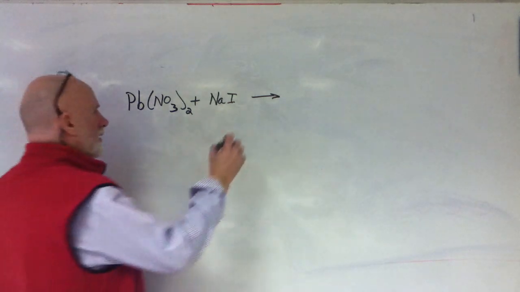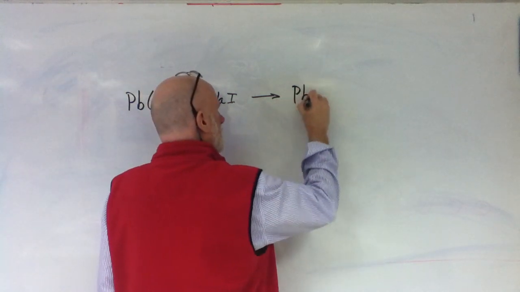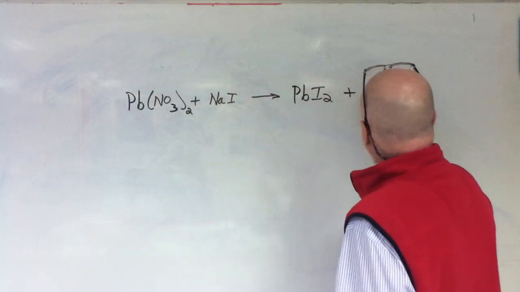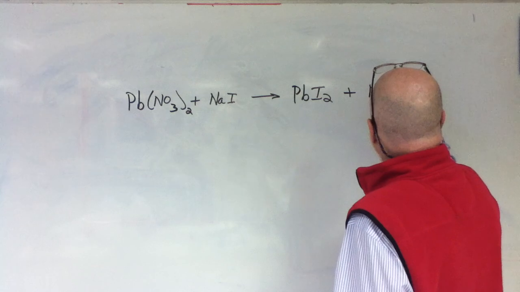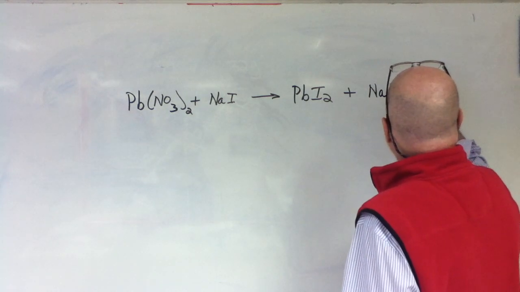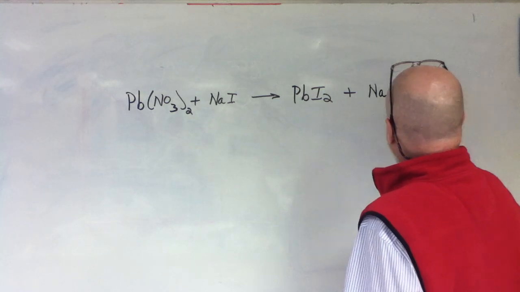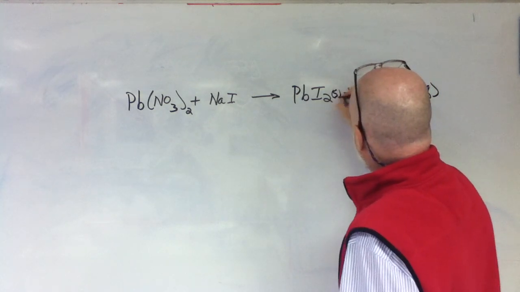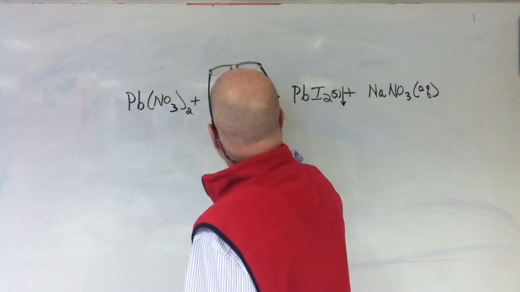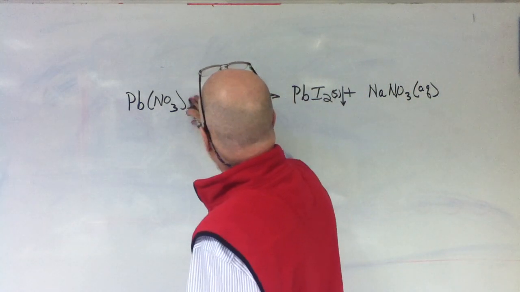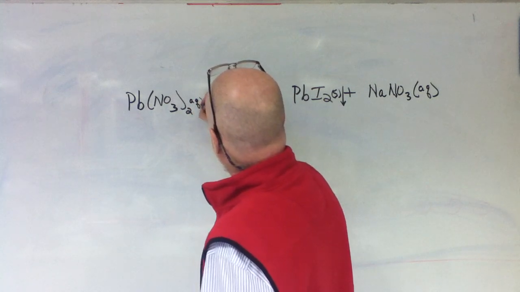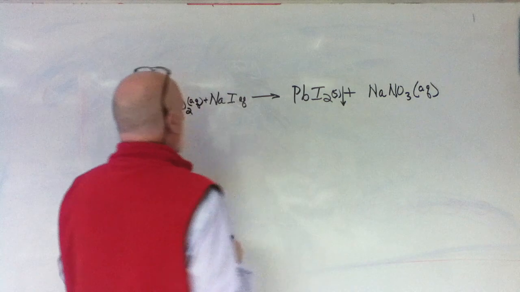And then you're going to get lead 2 iodide plus sodium nitrate. This is going to be a solid. We'll put an arrow there. This will be AQ. This will be AQ.